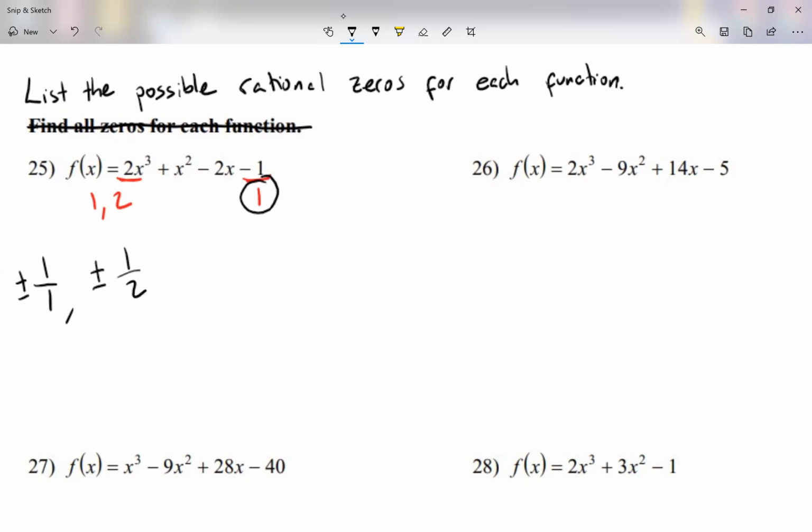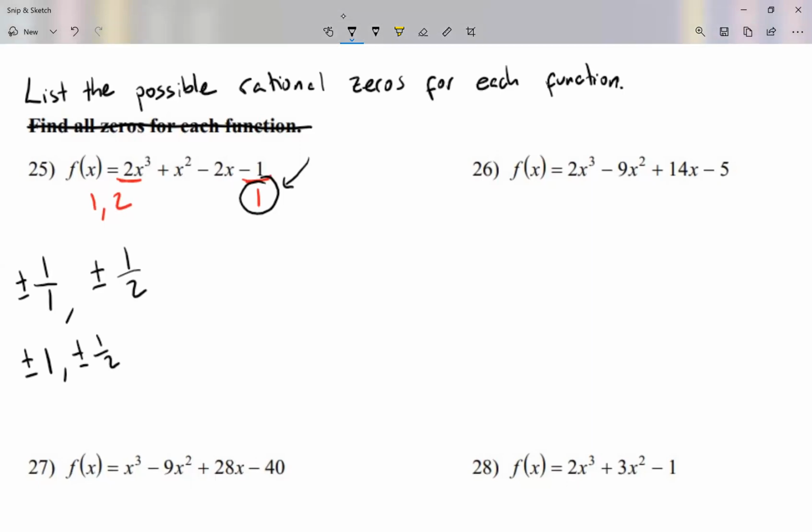Notice how this 1, I put it over my other factor. So 1 over 1, and then 1 over 2. Now, 1 over 1 can be simplified to just 1, right? The fraction 1 over 1 is just 1. And then 1/2 is just 1/2.